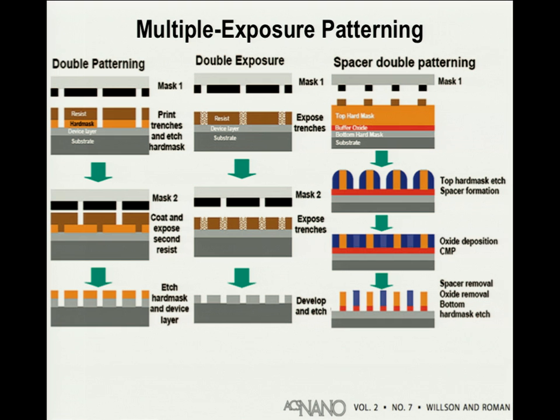So the sidewalls of those features double the resolution because you have two sidewalls per feature. And then you use those features to direct the etching to get the resolution that you want from a mask that had half the resolution.